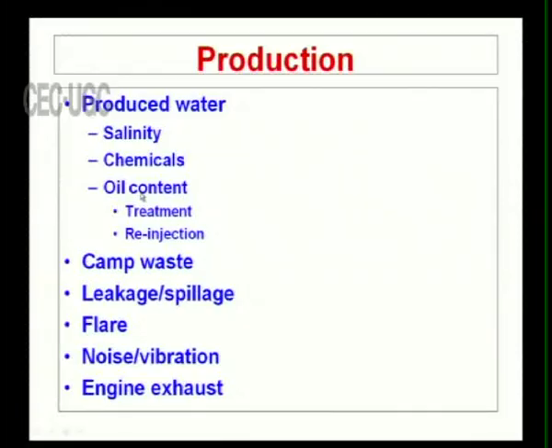And on the production side: salinity, the chemicals, the oil content, the camp waste. Camp waste means the whole area covered by the oil extraction site is producing waste, because the people are staying there, with the vehicles, the trucks and other things, and therefore it is creating a lot of camp waste, and flare, noise, engine exhaust.